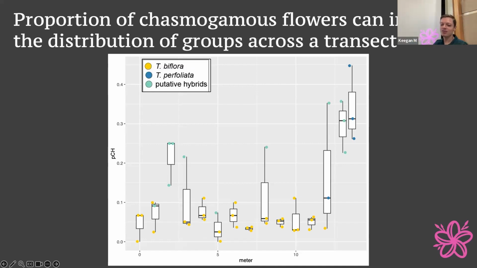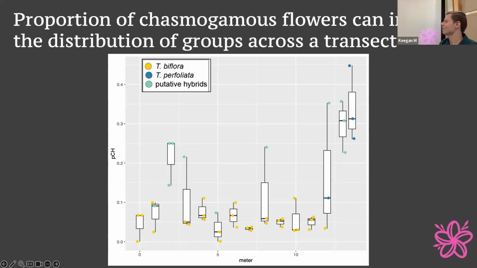But the parentals, which are spatially closer to putative hybrids, seem to influence the hybrids that are near them in terms of the breeding system. So as you can see, the putative hybrids that are close to biflora or within the biflora population have a lower proportion of chasmogamous flowers than those that are up closer to the perfoliata population.